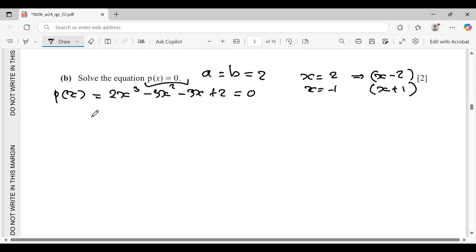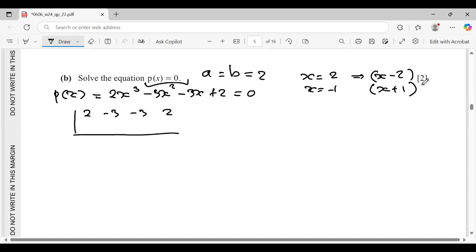Okay. Now I would like to find one more root from this function p(x). I will use the Horner method. The coefficients are 2, minus 3, minus 3, 2.